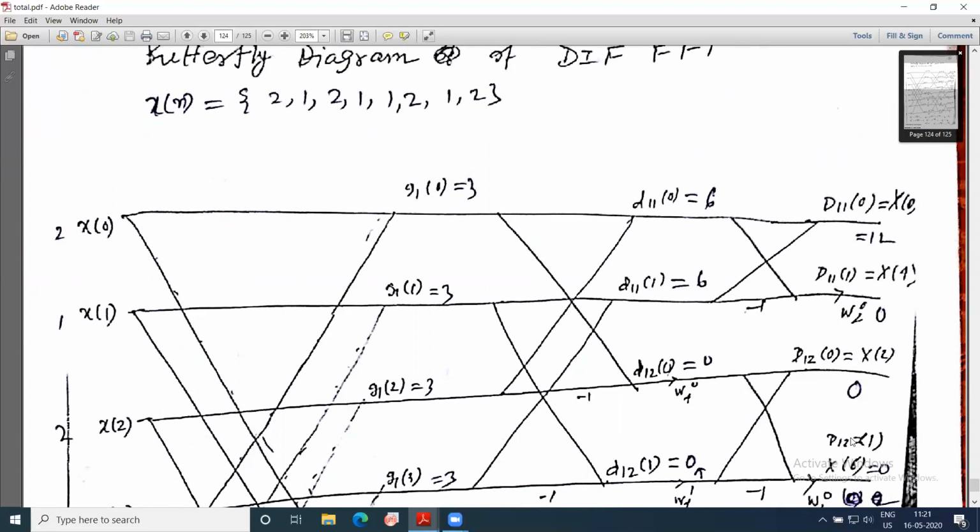Then if you compare this output with the previous DIT FFT computation output, you will say they are identical.